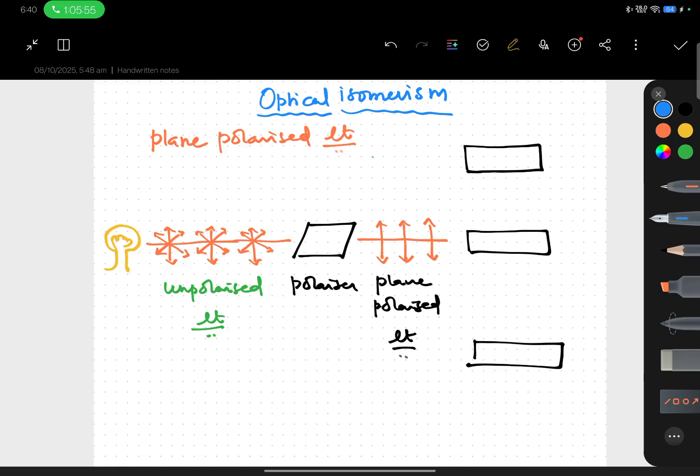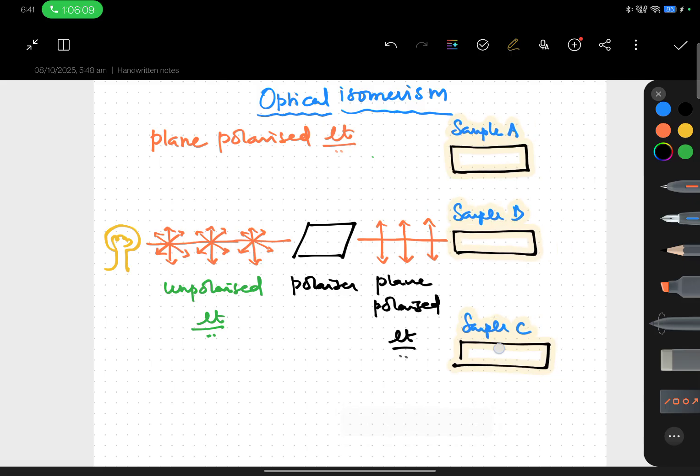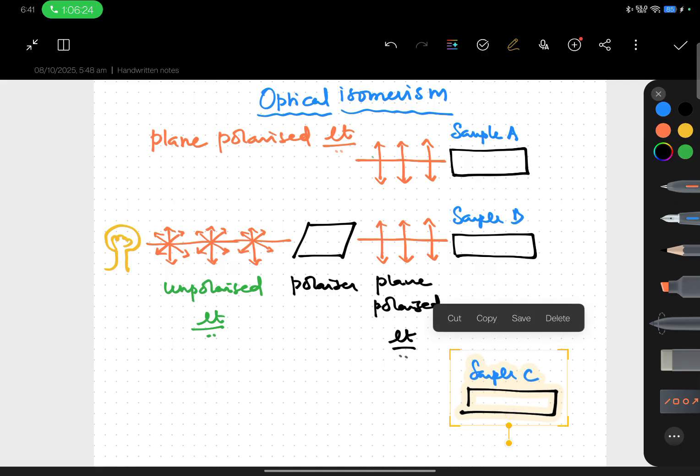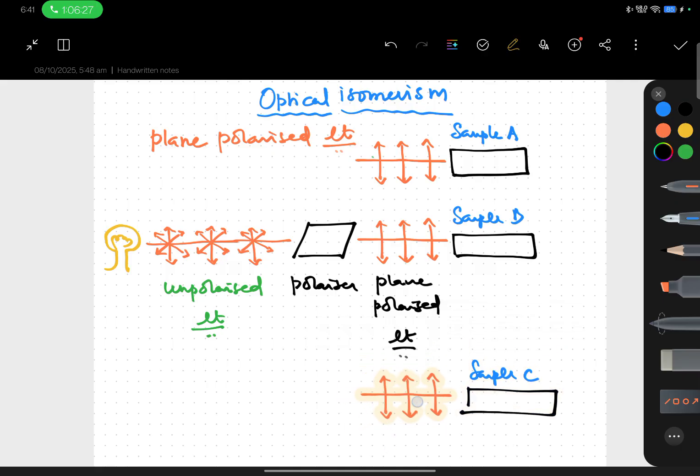Let me call this sample A, this is sample B, and this is sample C. Inside that box some chemical materials are there, and we are passing the same plane polarized light through all of them. Are you clear? Please understand the concept, otherwise you will not be able to go further.